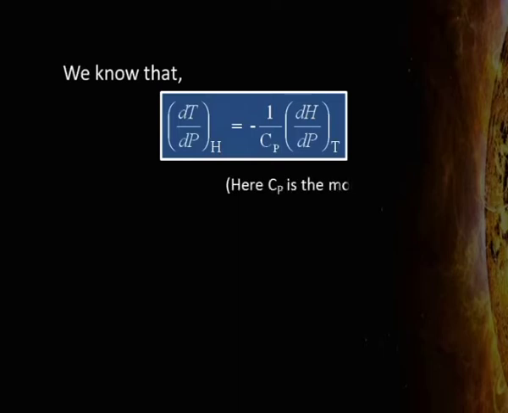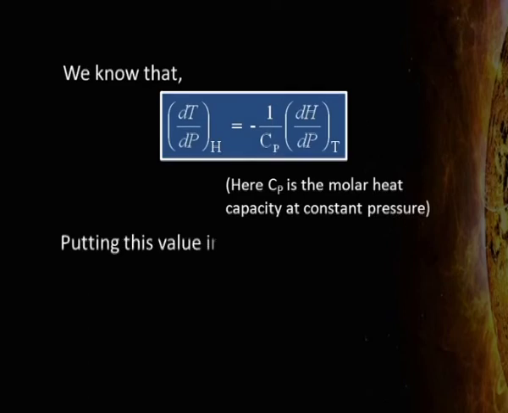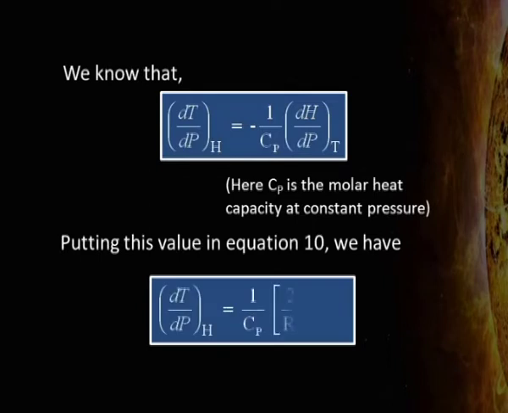Here Cp is the molar heat capacity at constant pressure. Putting this value in equation 10, we will have dT upon dP at constant enthalpy equal to 1 upon Cp multiplied by 2A upon RT minus B.